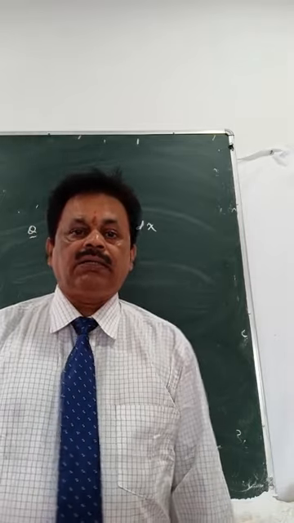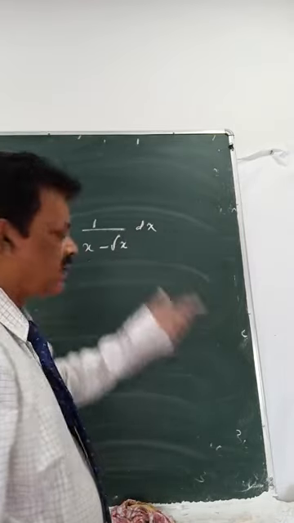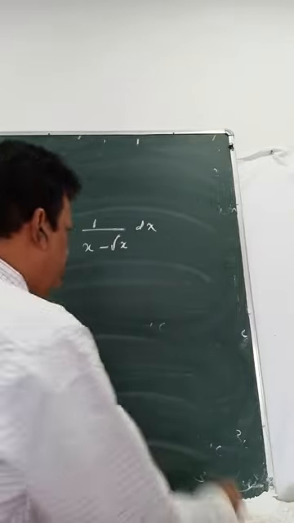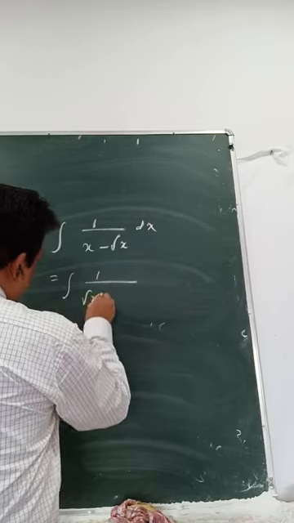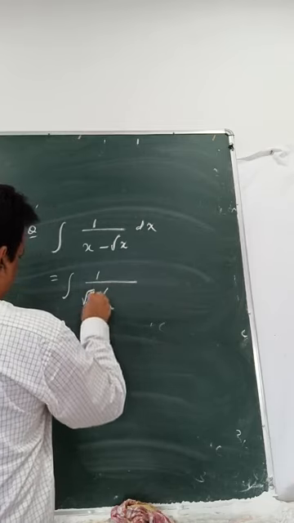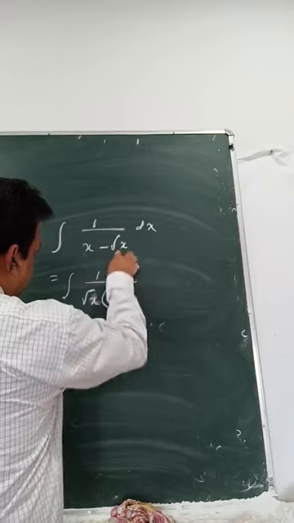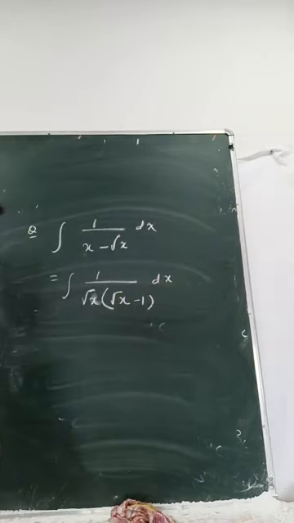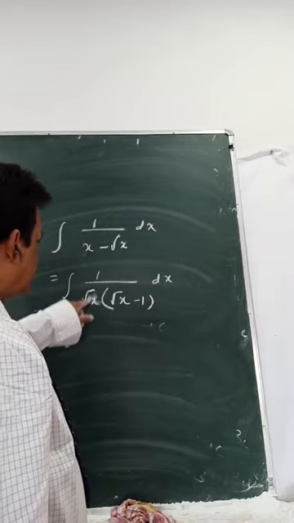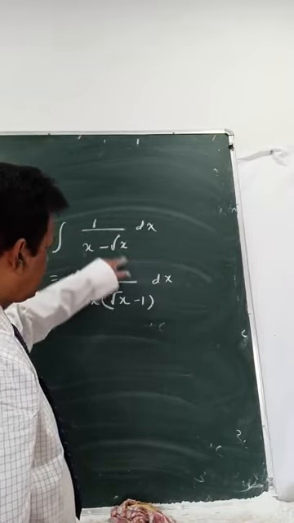So what I can do is, if I take root x common, then I can get a clue. So if I take root x common, this is root x, this is 1.